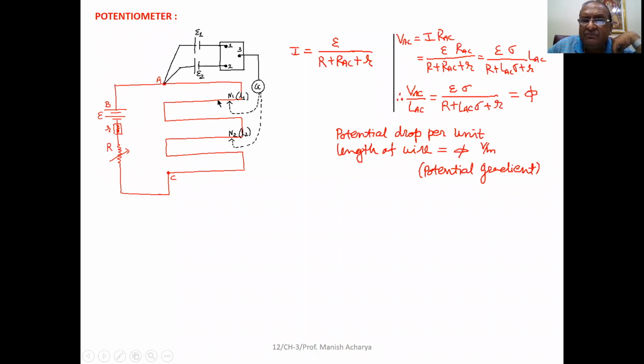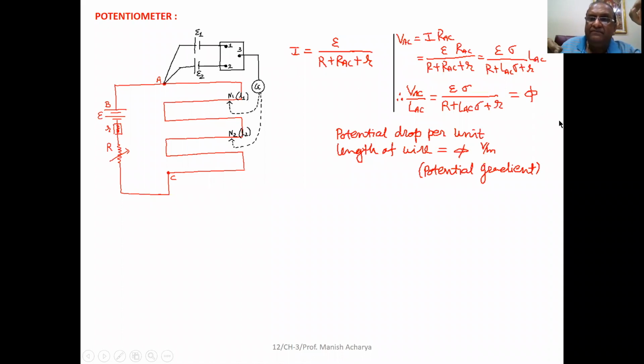And then suppose we take another wire from any point of this potentiometer wire. Now, if the length of the potentiometer wire used is small l, then across that particular length of the wire, the potential difference obtained is phi into l.